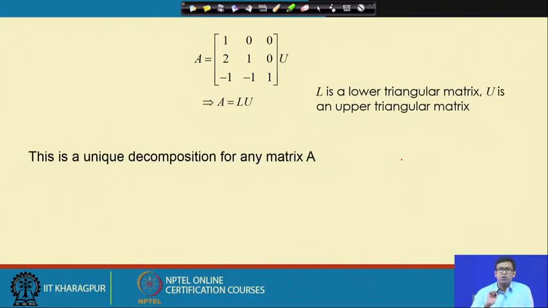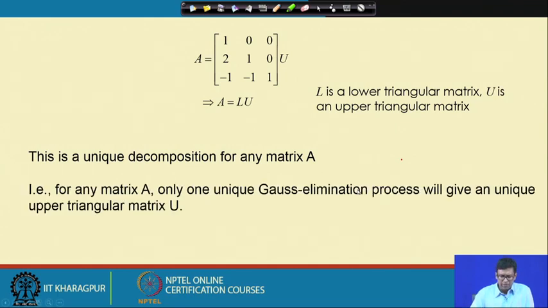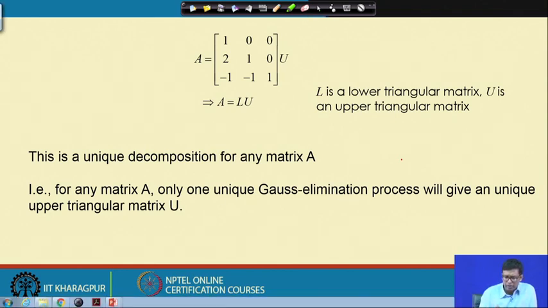There is only one particular combination of L and U which can be obtained for a square matrix through Gauss elimination. That unique Gauss elimination process will give a unique upper triangular matrix U, and it will give a unique L also.